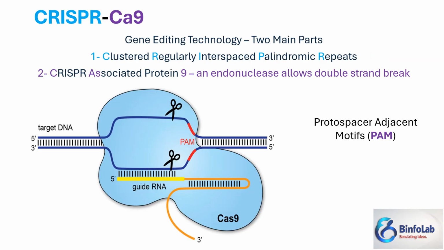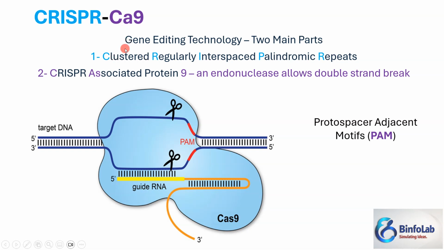CRISPR-Cas9 is a popular tool for gene editing and one of the top-line gene editing tools. It relies basically on two main components, as indicated in its name: CRISPR and Cas9.